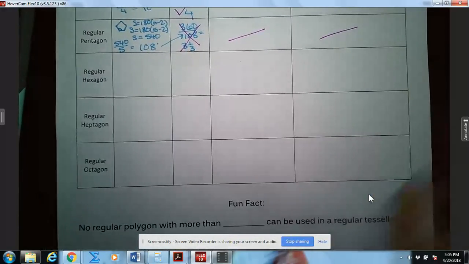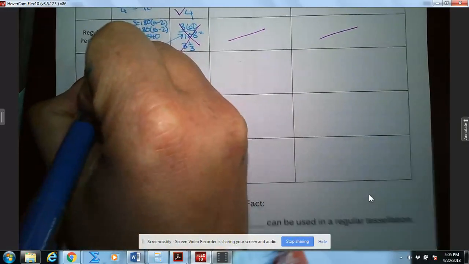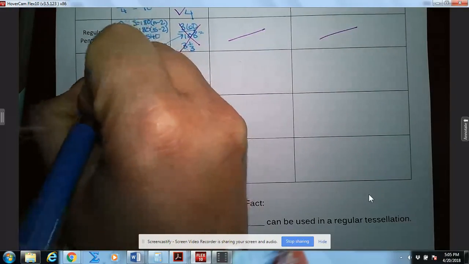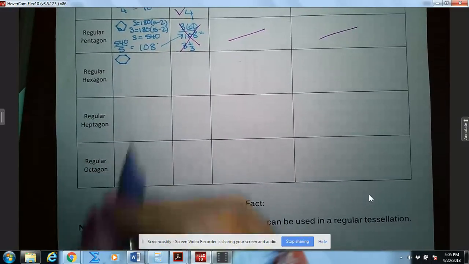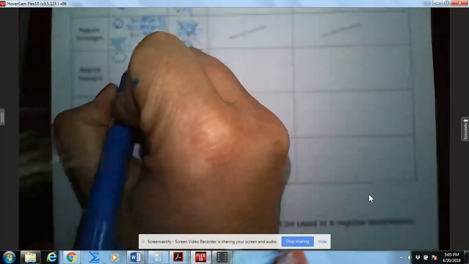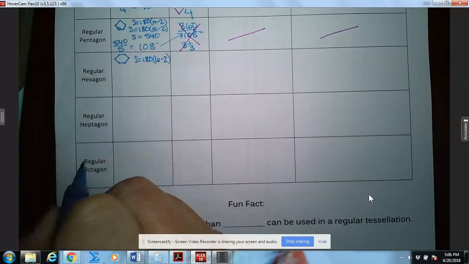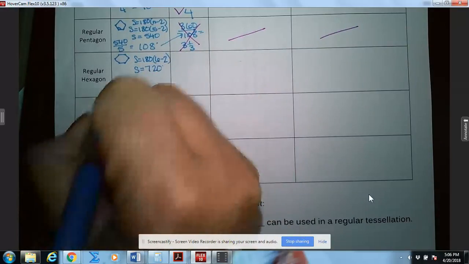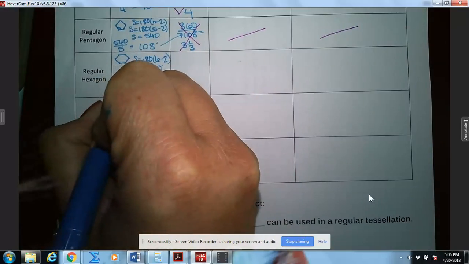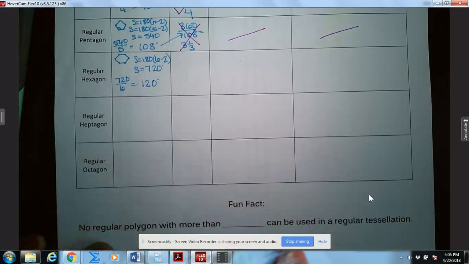Let's keep going. Let's think about a hexagon next. Hexagon is 6 sides. 1, 2, 3, 4, 5, 6. Okay, if you don't know the sum total of that hexagon, go back to our formula. The sum is equal to 180 degrees times the number of sides, which is 6, minus 2. This sum is going to equal 720 degrees. So there are 6 angles to split that between, giving each angle 120 degrees.